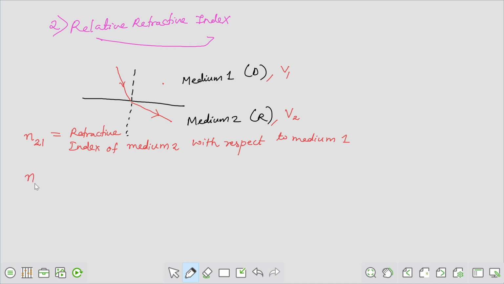So I'm writing N2,1, which can be written as N2 divided by N1, refractive index of 2 with respect to 1, which is equal to, so I'm going to write in terms of speed. So listen carefully. It will be V1 by V2. So why am I writing V1 by V2?